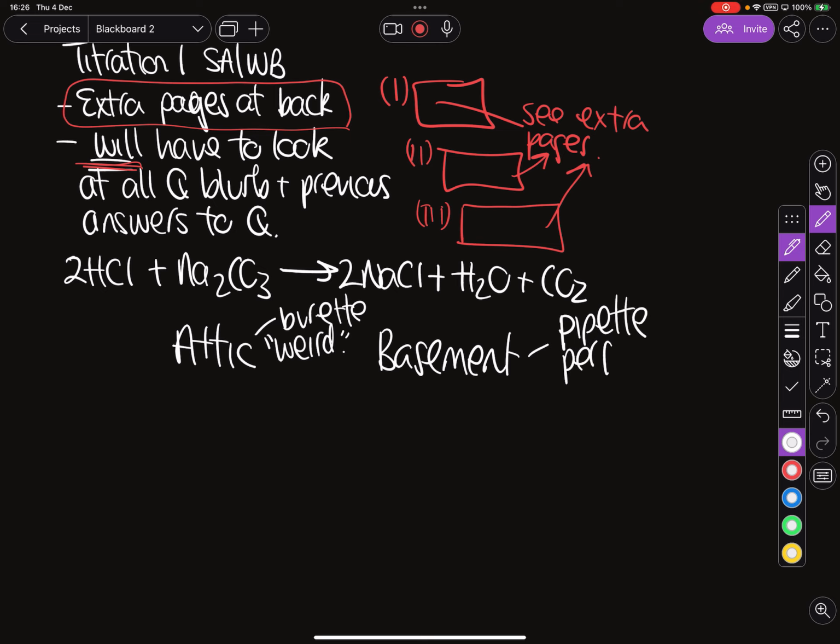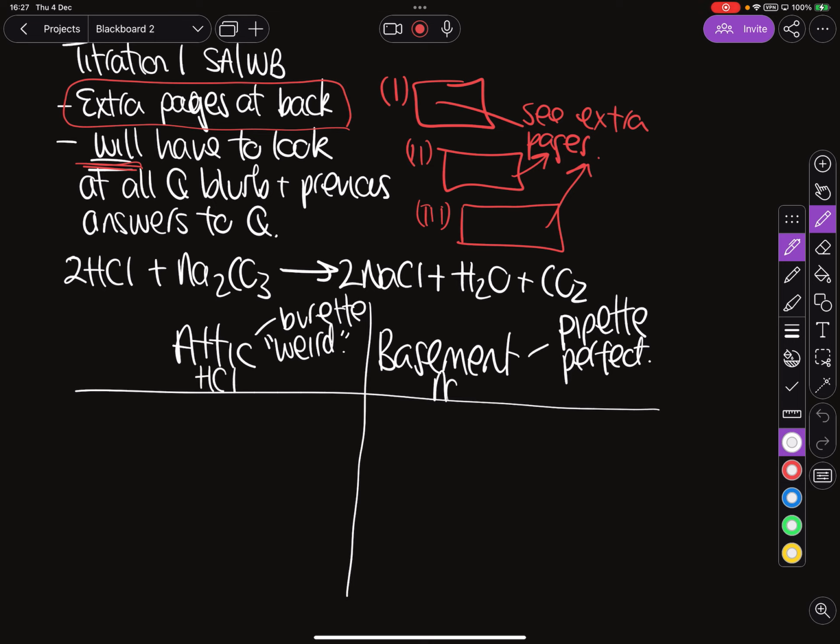It is going to be a perfect number, something like 0.0 something. You may decide that you want to write in what was in our attic and what was in our basement. In this case, it was HCl, and our primary standard sodium carbonate. You need to find a volume, big M concentration in moles per litre, and the ratio for the different parts.